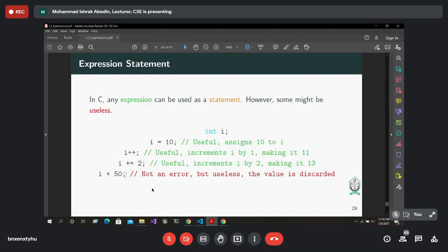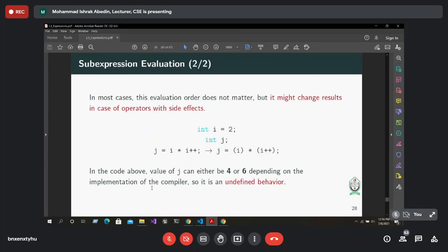Sir, in the previous slide, if we evaluate i++, then i becomes 3, right? Then 3 into 3 should be 9, so why is it 6? If we evaluate i++, i becomes 3, but the value it leaves here is 2. See, this is why this is post increment.